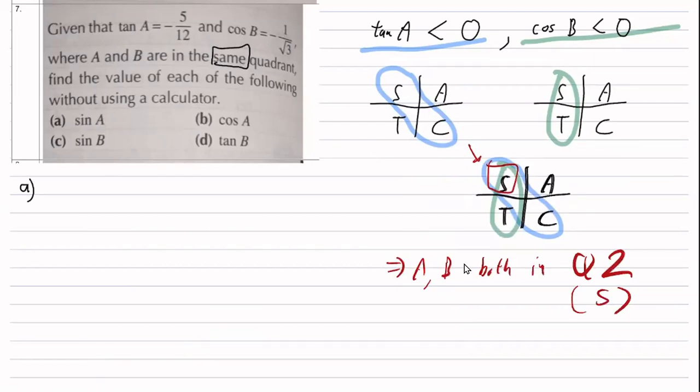Sine A. So which ratio would you focus on? Tangent A or cosine B? Of course, it will be tangent A, the one involving A. And just nice, the question also gave tangent A and cosine B. So what should you do?